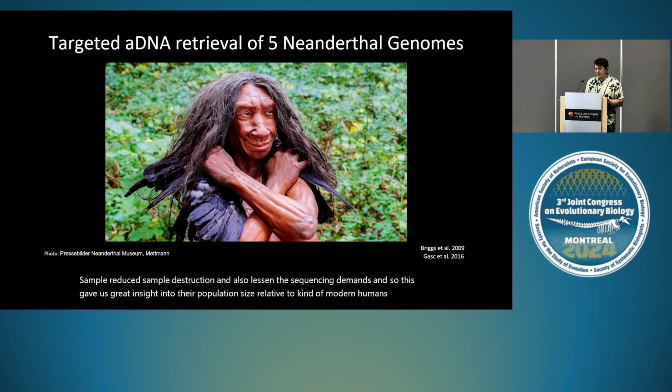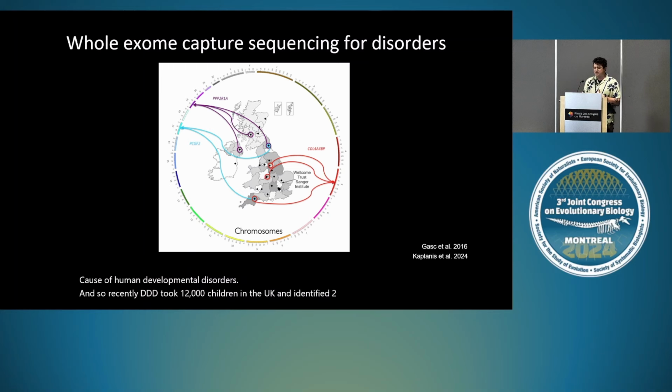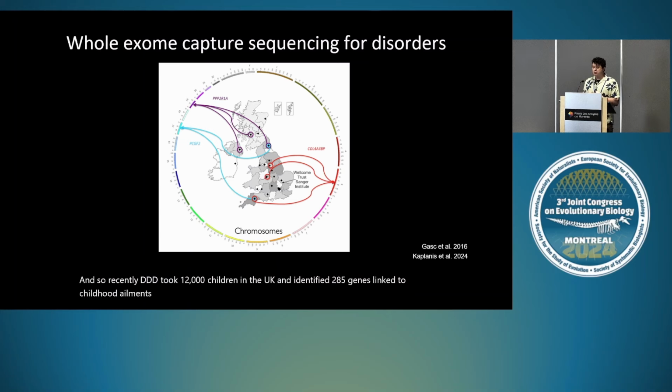Fast forwarding to 2024, we now have organizations like Deciphering Developmental Disorders that have utilized whole exome sequencing to help doctors better understand the genetic cause of human developmental disorders. Recently, DDD took 12,000 children in the UK and identified 285 genes linked to childhood ailments, including 28 new genes linked to these disorders.